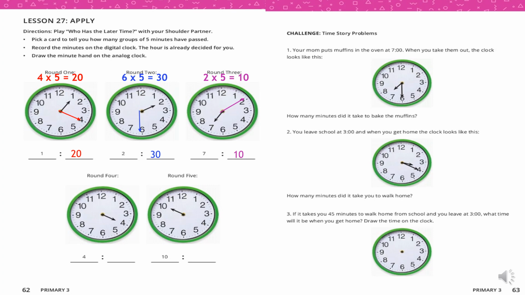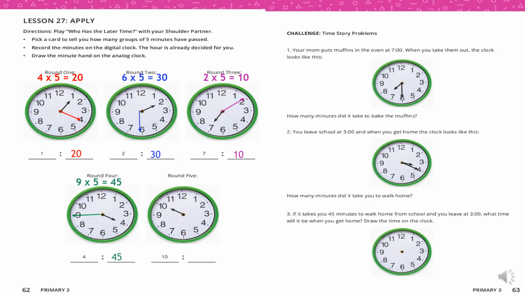We will write 4 in hours. And the long hand is referring to 9. So 9 groups of 5 equals 45. We will write 45 in minutes. It will be 4:45. The last one we have, the short hand is referring to 10.